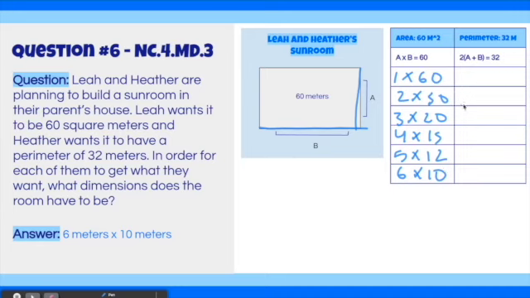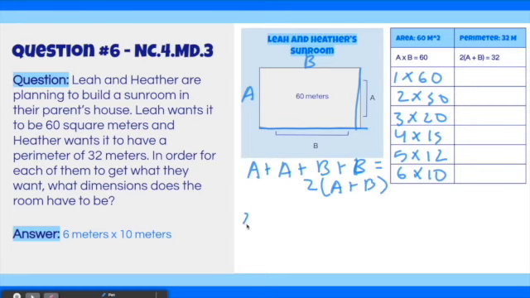Now we're going to look at the perimeter. So the perimeter of a rectangle is the side lengths. So these two sides are represented by A and these two are represented by B. So you just have to add all of them. So you'll be left with A plus A plus B plus B, which is basically 2 times (A plus B).